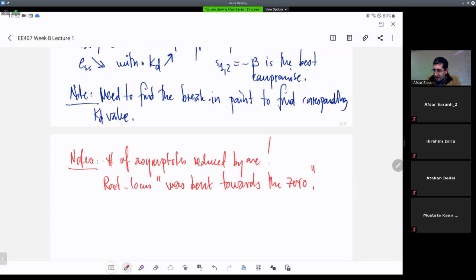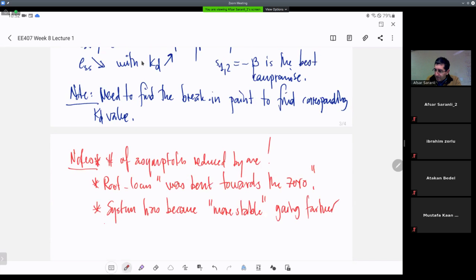Also, let's see. This is one of the notes. Another note. System has become, in a sense, more stable. Okay. Going farther away from the j omega axis.